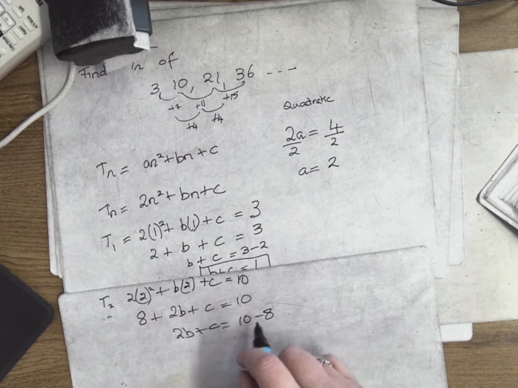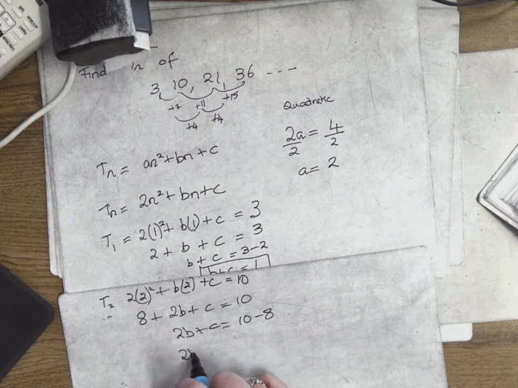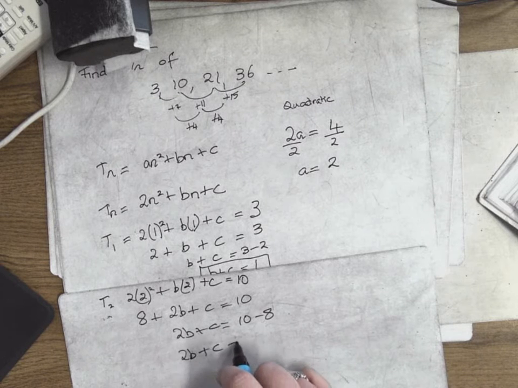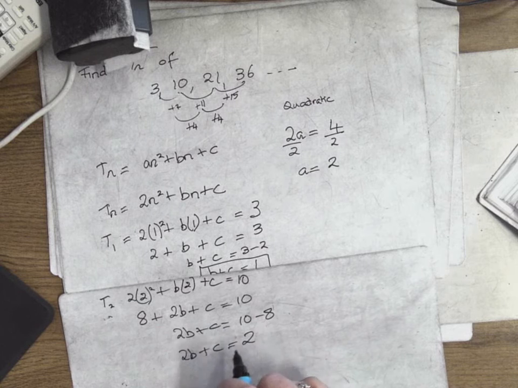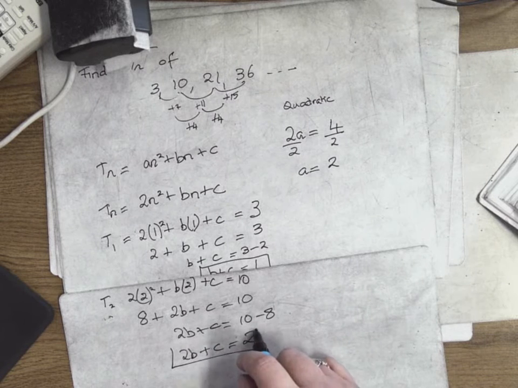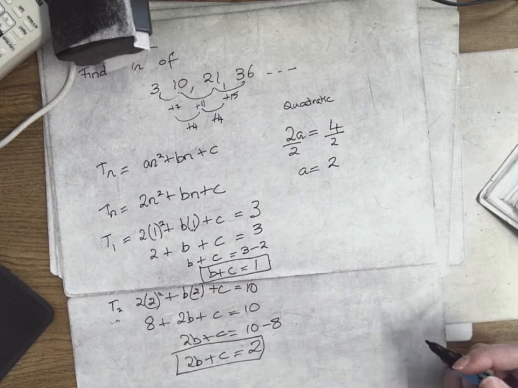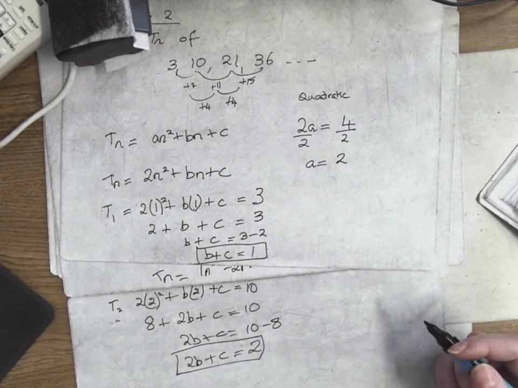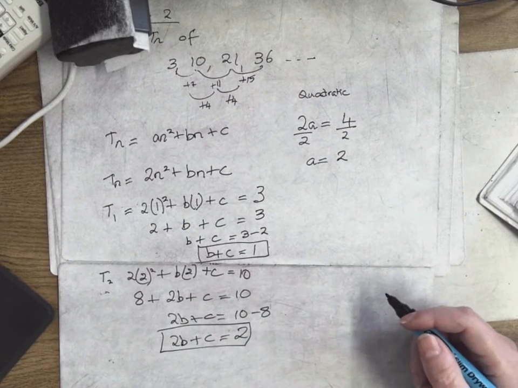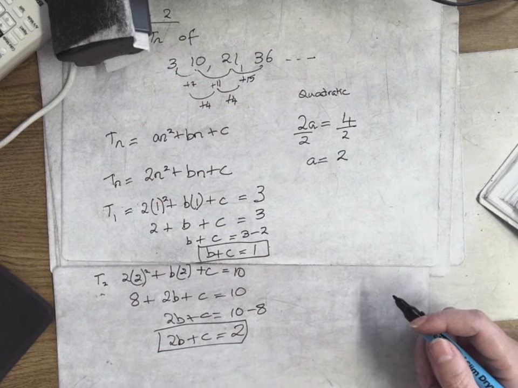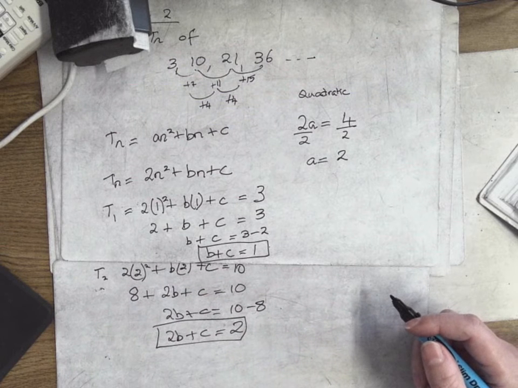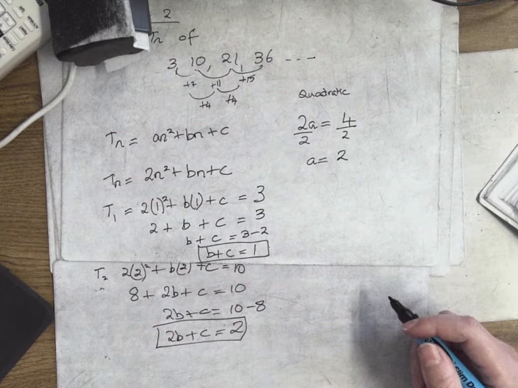Take away 8, so that means 2b plus c equals 2. And that's as far as I can go with that one. Okay, so I have 2 equations there in B and C that I can use to do simultaneous equations and figure out what B and C are.